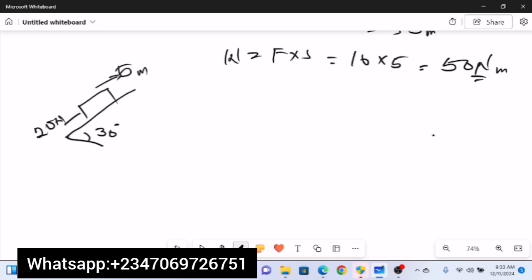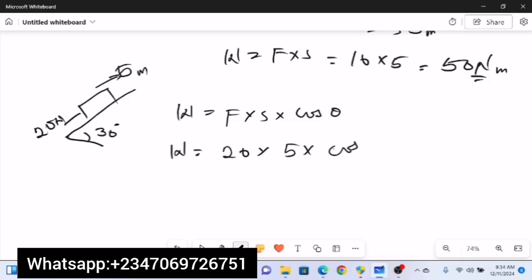Remember, whenever the object is inclined at an angle, work done is simply going to be equal to the product of the force and the distance and the cosine of that angle. So in this situation, work done is equal to force, given in the question as 20, distance covered is 5 meters. So you have 20 times 5 multiplied by the cosine of the angle, and the angle in this case is 30, so you have multiplied by cos 30.